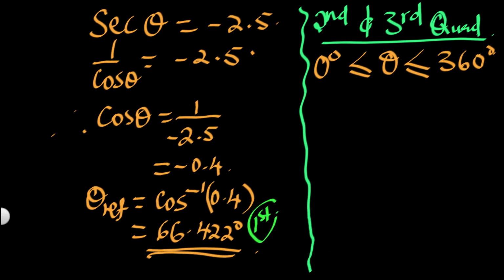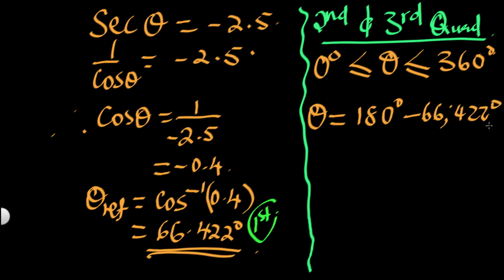So let me use now my reference angles. So theta will be, the first theta is in the second quadrant, where we said we use 180 degrees minus the reference angle, which is 66.422 degrees.